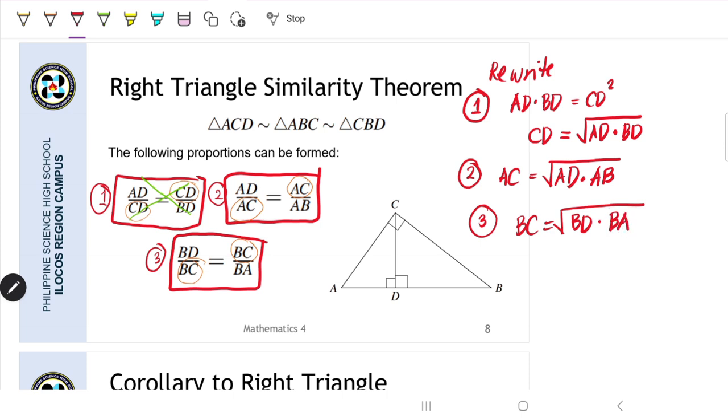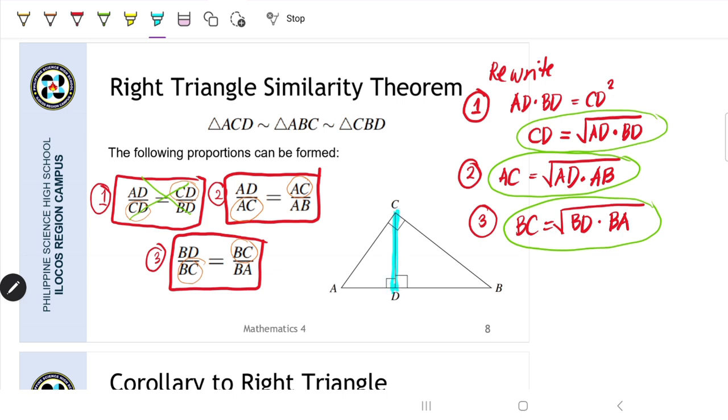So again, let's focus now on these three equations. Based on our figure, CD, which is the altitude to the hypotenuse, is equal to the square root of the product of AD and BD.